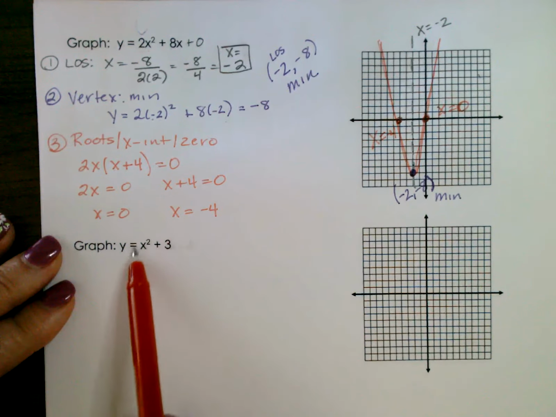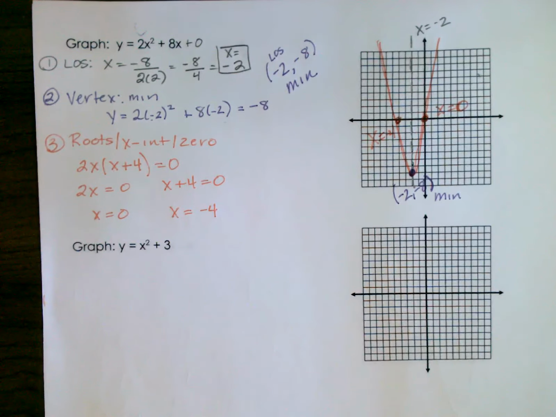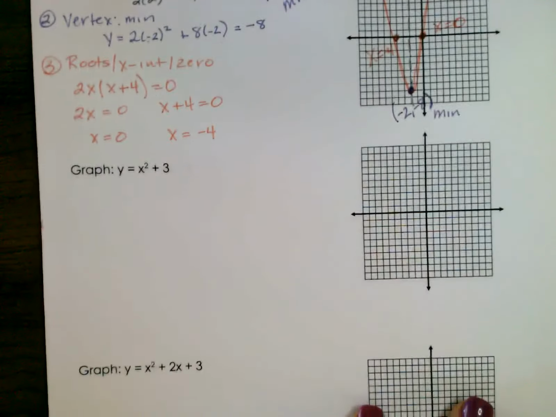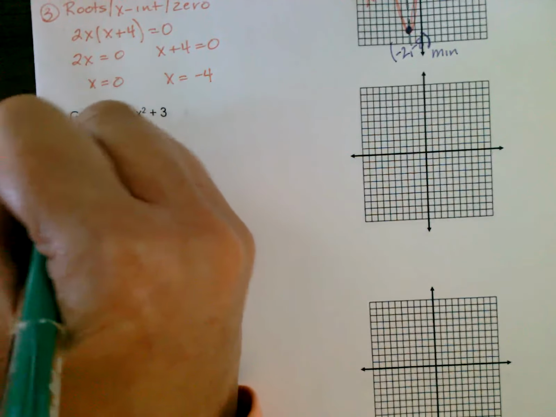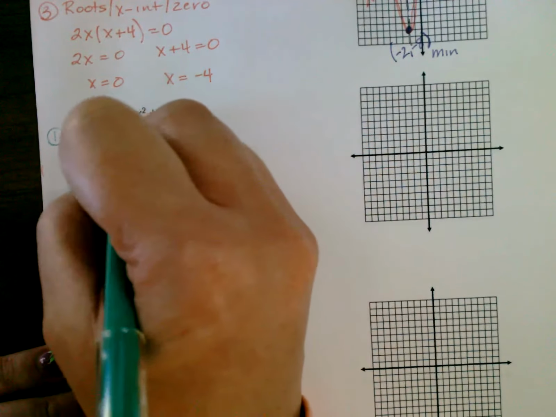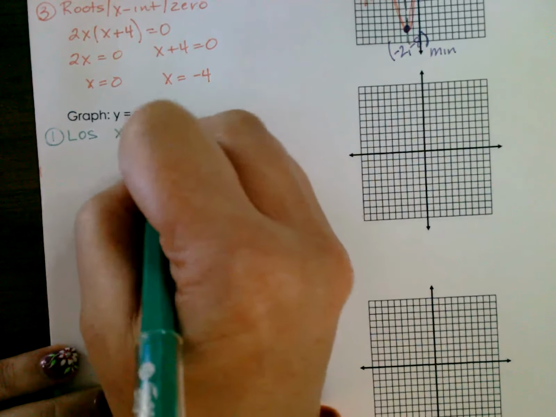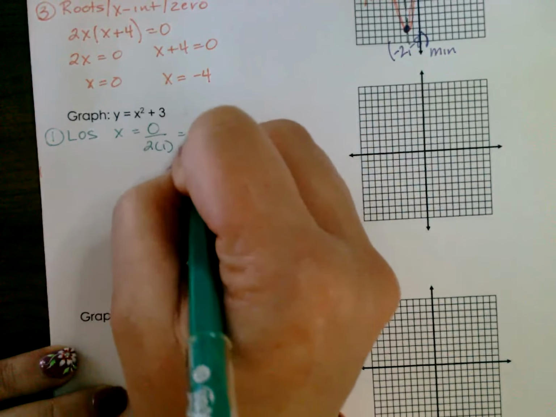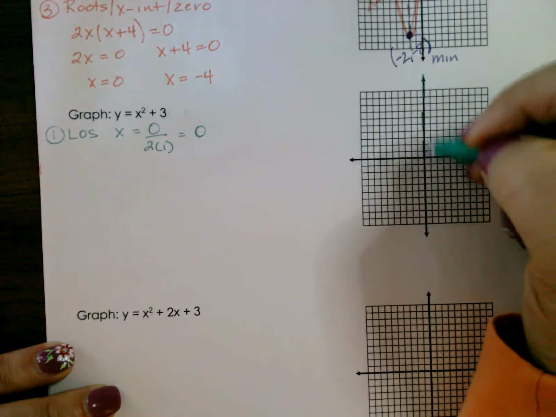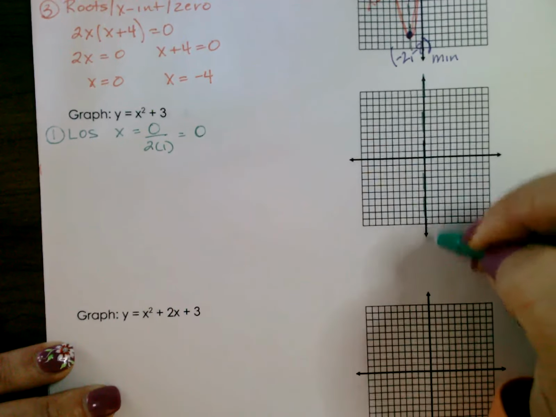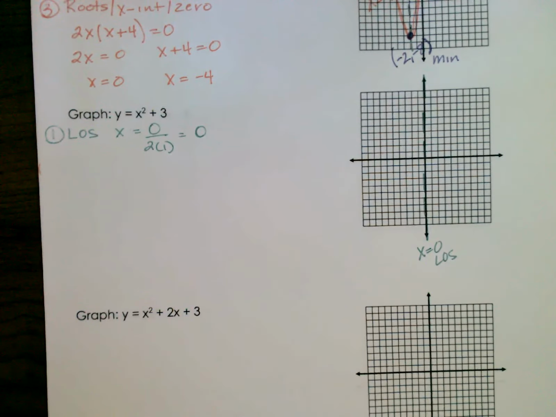Remember we used to call this one prime in Unit 9. I wonder what this prime parabola is going to look like on the graph. Well, we're not going to change our process. We're going to start with the line of symmetry, x equals, there's no b, so I have 0 divided by 2 times 1. That is 0. So right here on the y-axis, that is my line of symmetry.